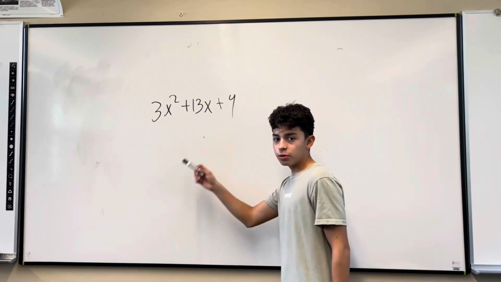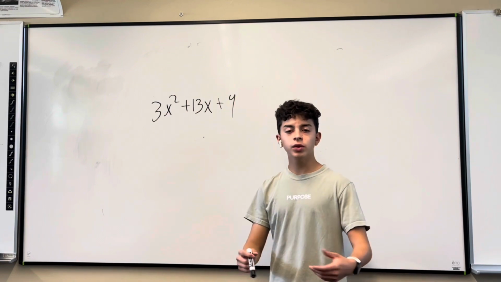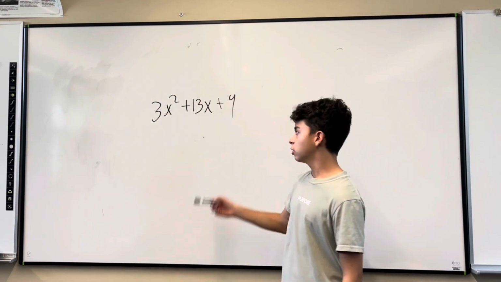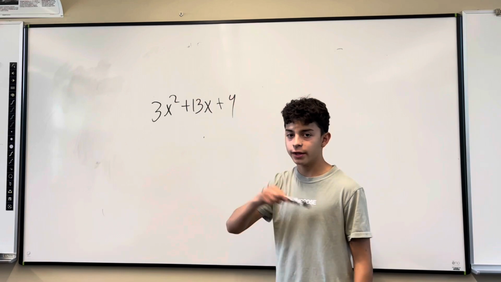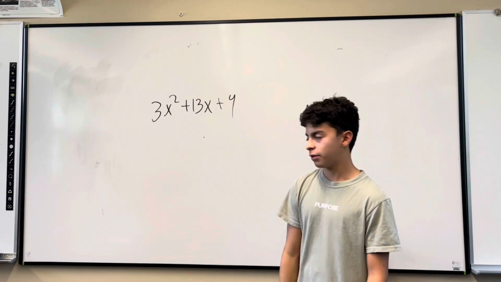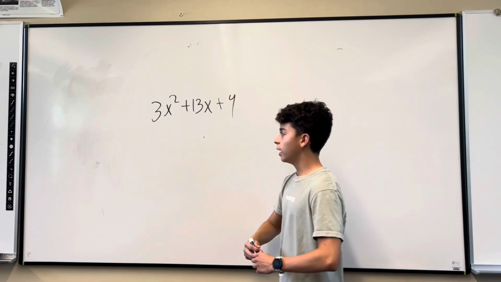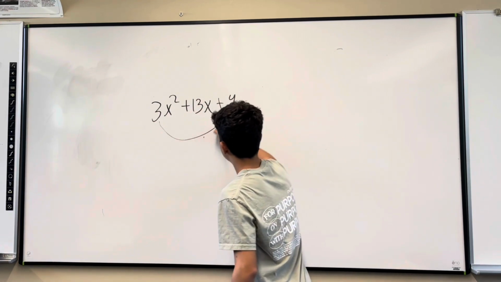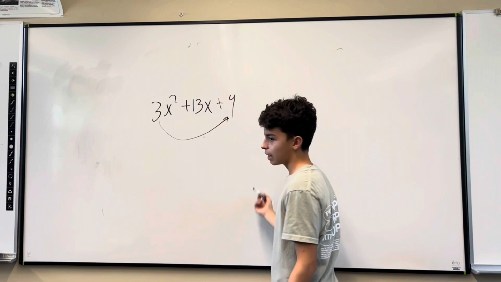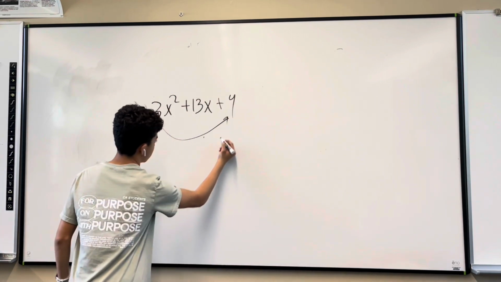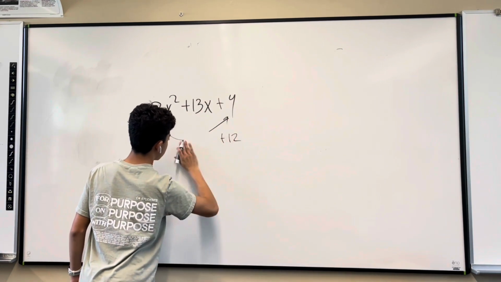I'm using the same equation. We're going to use a different method. Now, you're basically doing the same exact thing, but it looks a bit different because if you don't understand the way to do the x, here's another method, and hopefully you understand this one. So, first, you're going to multiply a times c, like the last one. Write it out, 12.